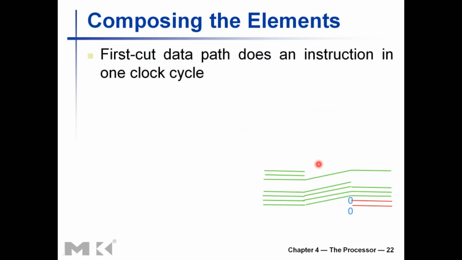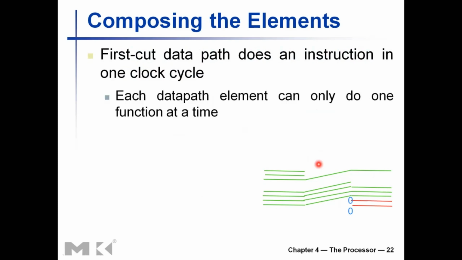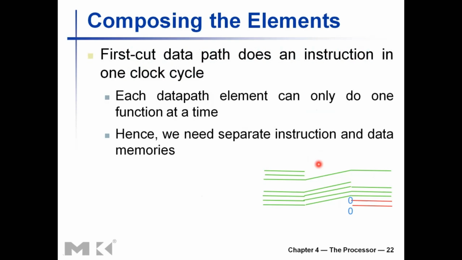Right. So the first cut data path, or what we saw so far, is that we are performing an instruction in 1 clock cycle, right? So each data path element can only do 1 function at a time. So if you take the memory, we need to read the instruction, and then we need to read data or write data in one instruction.